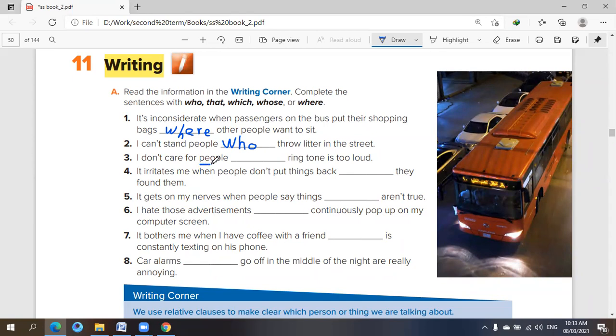People. Now this is a noun referring to people, so is it who or whose? Look at what comes after it. Ringtone. Noun or verb? Noun. So it's whose. Okay, so that's it. Excellent.